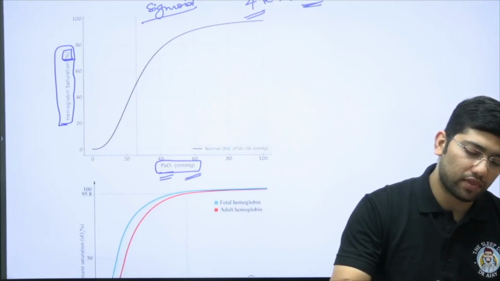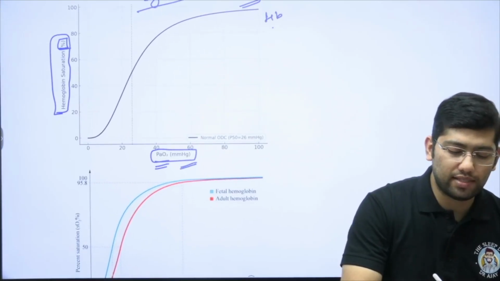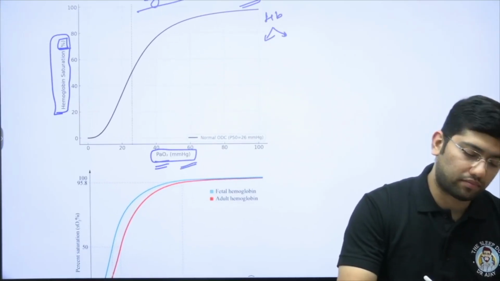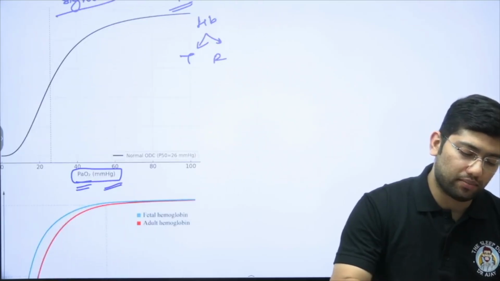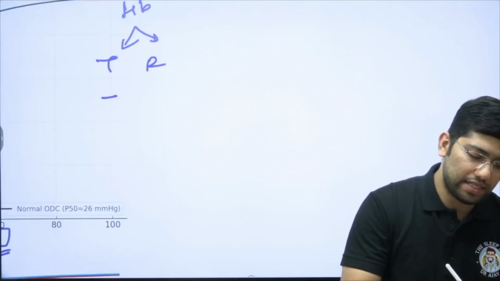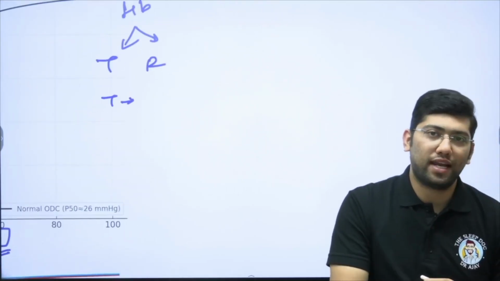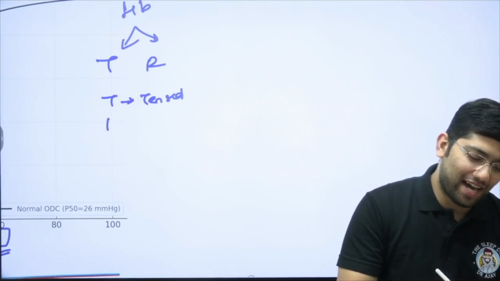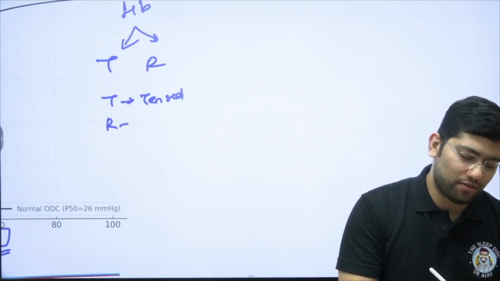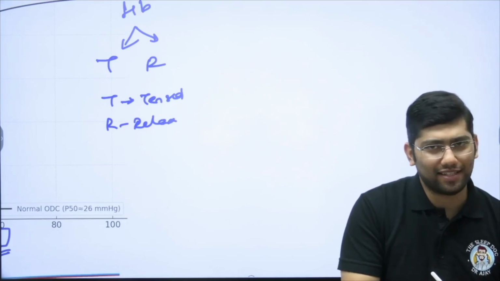Now, the hemoglobin rests in 2 states. One is the T state and one is the R state. The T state is what you guys are right now, that is tensed state. The R state is what I am right now, that is relaxed state.